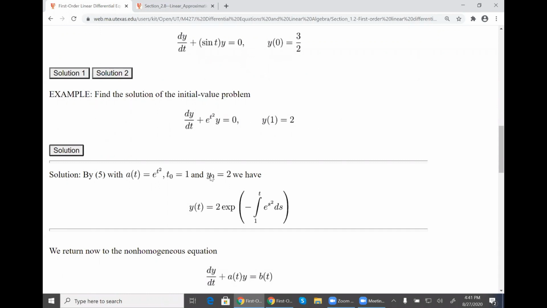And we identify y0, in our case, y0 is 2. And now we apply the formula, done. We don't do anything else, because one can show that an antiderivative of e to s squared cannot be written in elementary functions. So we are completely done here.